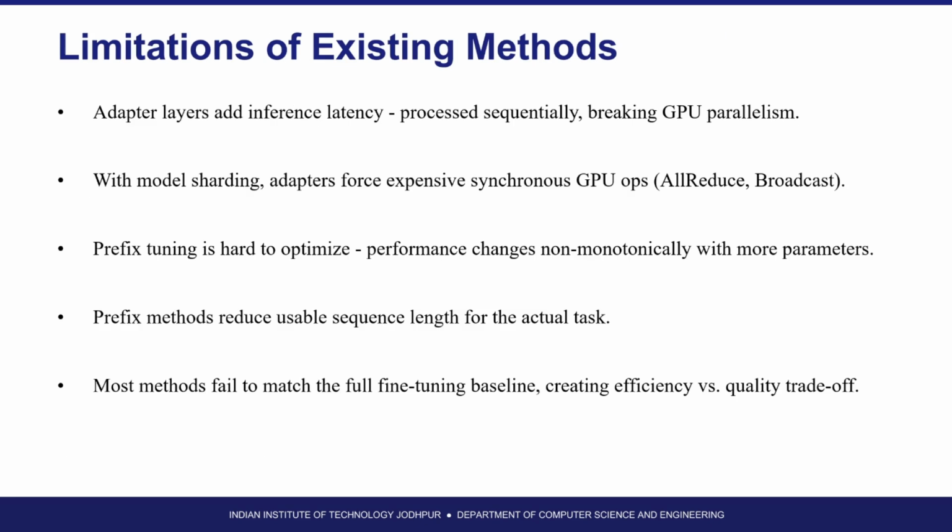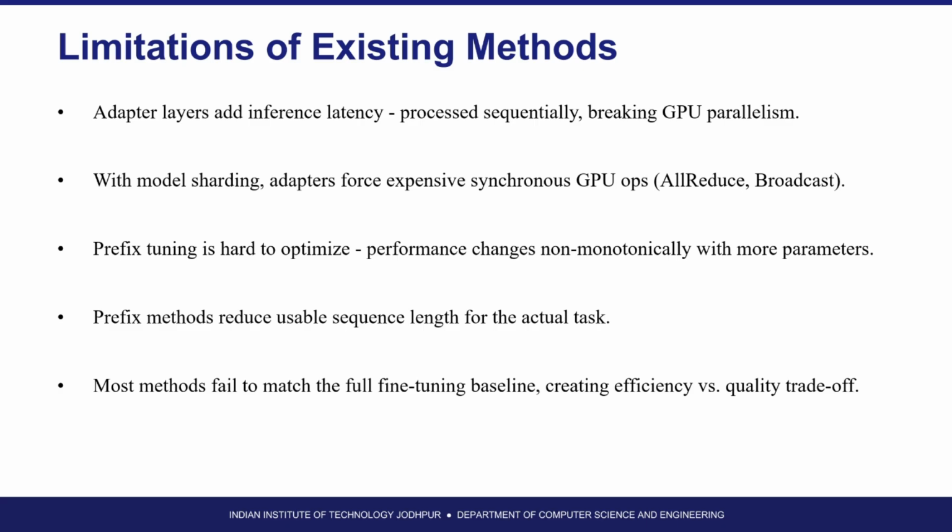So why are the existing methods not good enough? First, adapter layers add inference latency. These layers are processed sequentially, which breaks GPU parallelism. When you combine this with models sharded across multiple GPUs, adapters force expensive synchronous operations like all reduce and broadcast. Second, prefix tuning is hard to optimize.